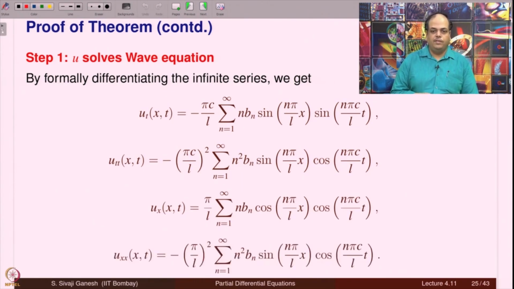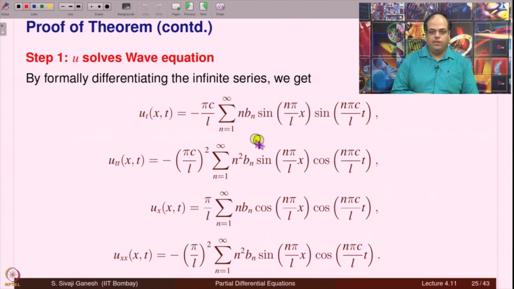If you notice, whenever you differentiate once, you pick up n here. In the expression for u there was no n, it was just bn. Whenever you differentiate one derivative, you get n, here also n. If you differentiate 2 times, you get n square and n square. If you look at these terms here, sine terms are bounded by 1.